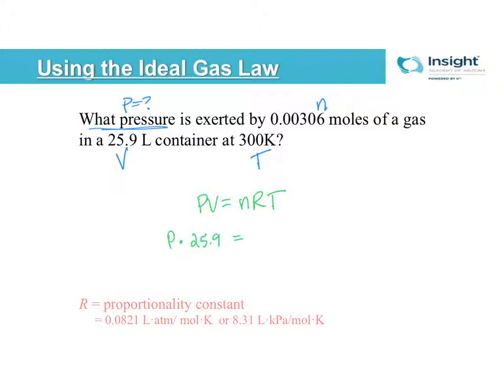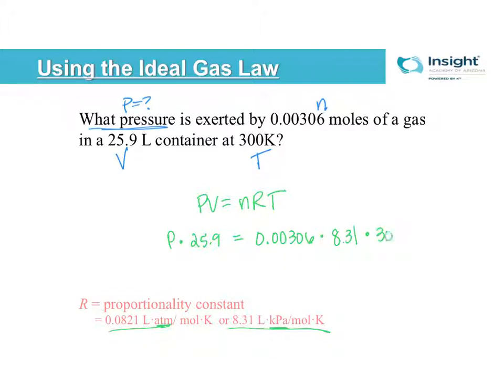And that's going to be equal to 0.00306 times R. All right, since we're solving for P and we don't know what pressure we're dealing with, I can actually use either one of these. If you're given a pressure and say it's in atmospheres, then you've got to use the atmospheres version. If you're given a pressure and it's in kPa, then you got to use the kPa version. That's why there's two different options here. So I'm just going to throw the 8.31 in there.